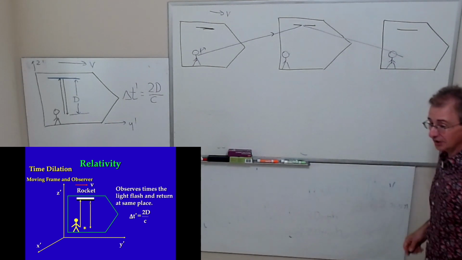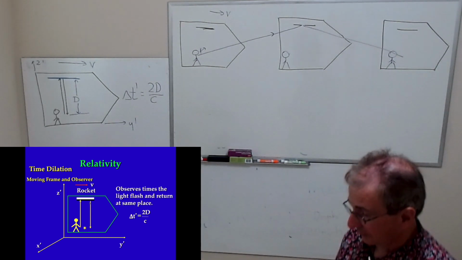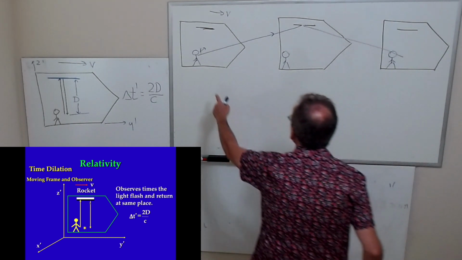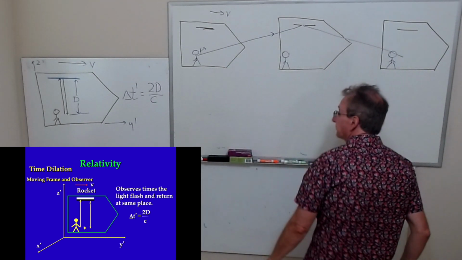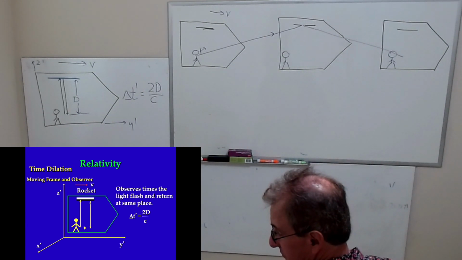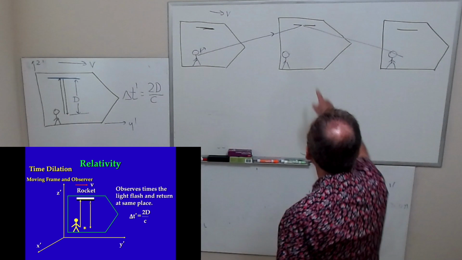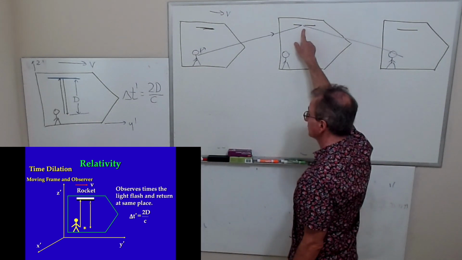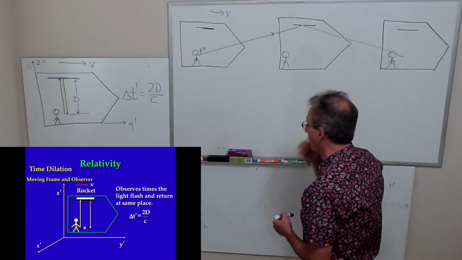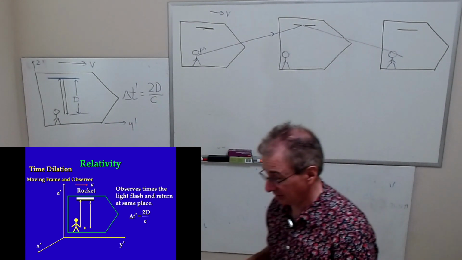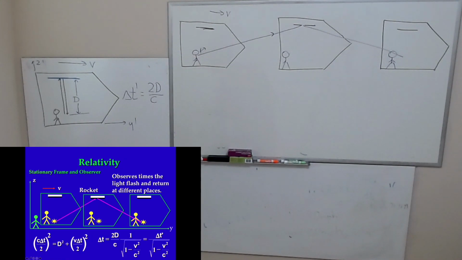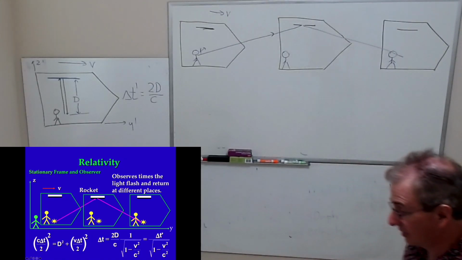Isn't that what we see? If that rocket goes by us, we see the beam do this, because the mirror is here after some time. Okay? That's what we see. So what time interval do we measure?